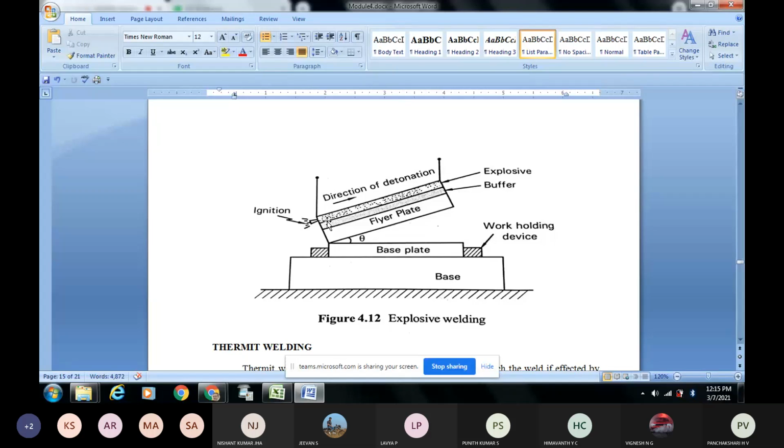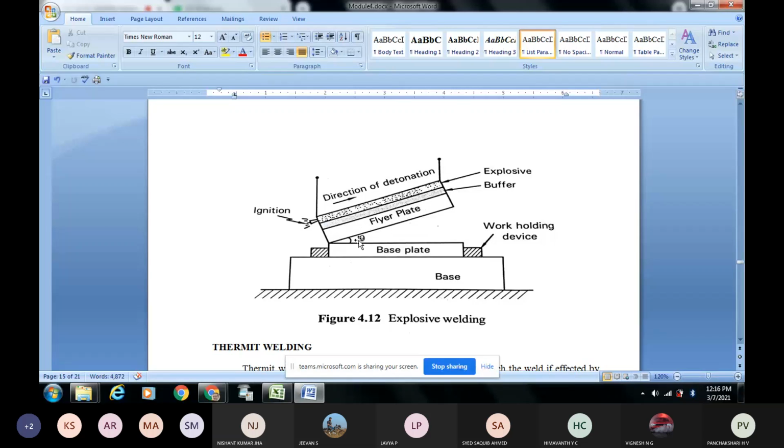Explosion is nothing but a chemical reaction that releases energy. That is the purpose of explosion. So as soon as ignition starts, the explosive immediately releases the energy due to the reaction, and that reaction energy acts upon the flyer plate.